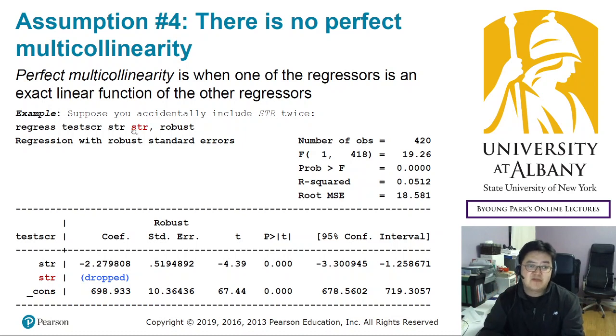They could have different names, but their content could be the same. Then you are using 1 variable twice, so it causes trouble. So in Stata, one of them is automatically dropped. Stata understands the problem and drops one of them.